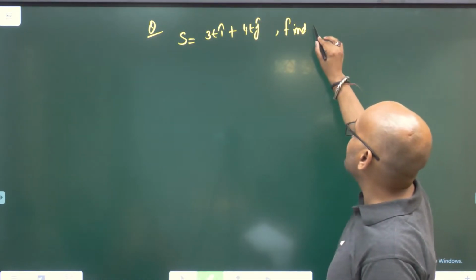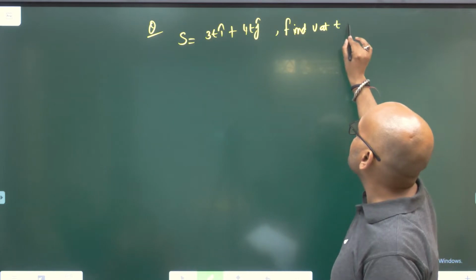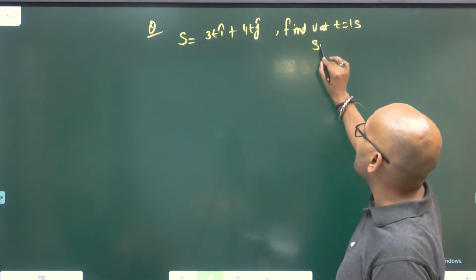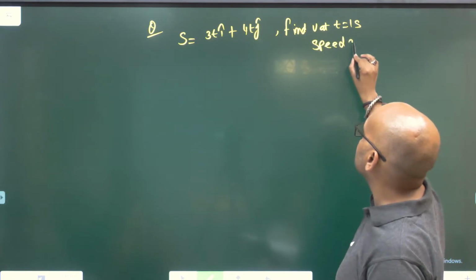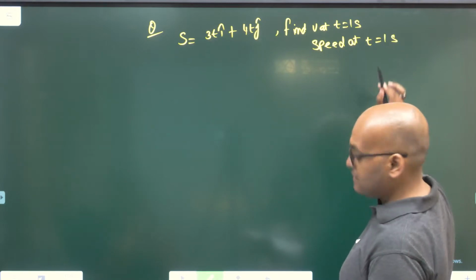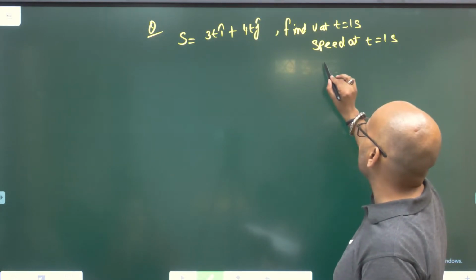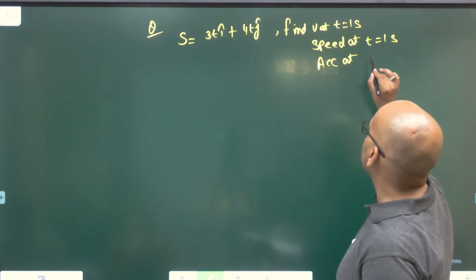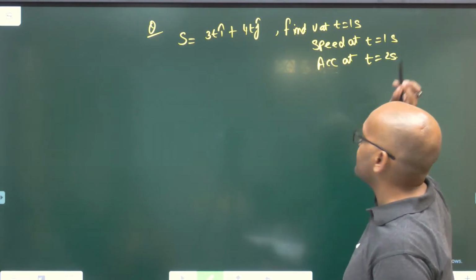So find v at t equals to 1 second, speed at t equals to 1 second, and acceleration at t equals to 2 seconds. Do it.